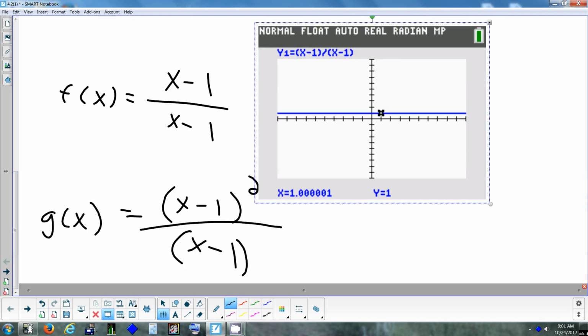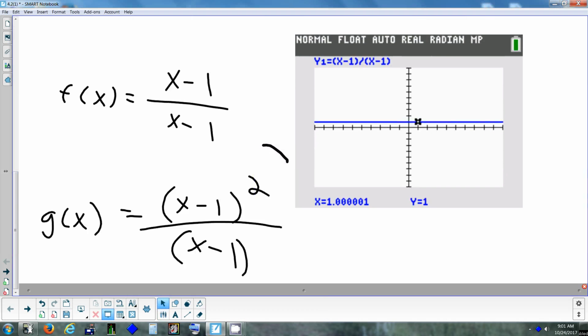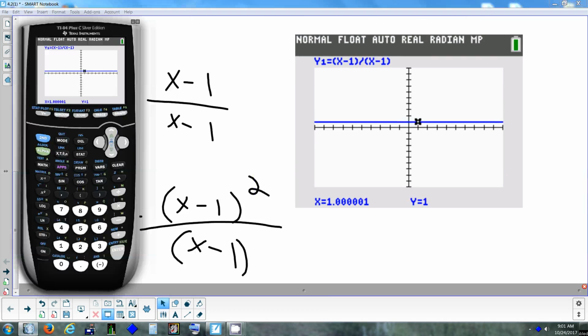This one. What value are you not allowed to use in the domain for g of x? What, Trip? 1. Yeah, it's 1 again. Would you expect there to be a hole at 1 or an asymptote at 1? Hole. Yeah, it's going to be a hole because you have a common factor.